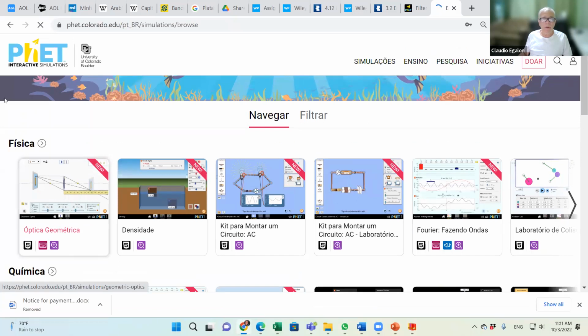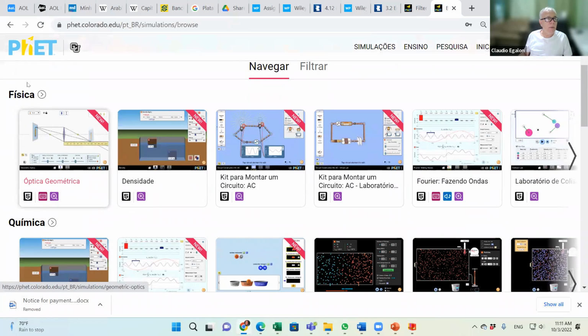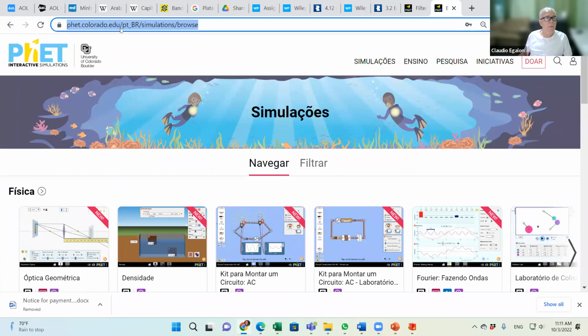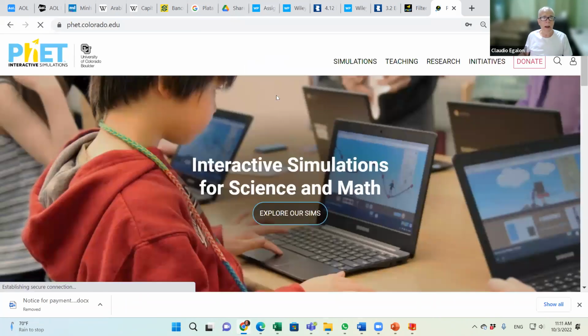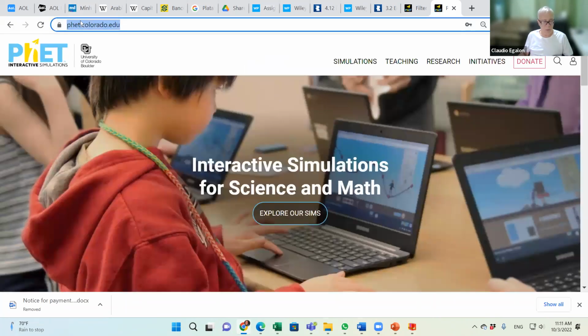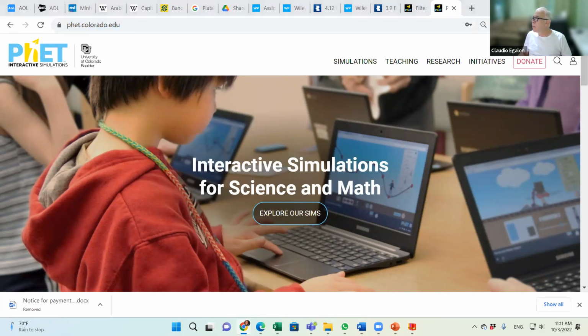Oh, it's in Portuguese. This one shouldn't be in Portuguese. Let me get that in English for you. Okay, so that's the site. Let me send you the link for the site, so you might want to play a little bit with this simulator. Link for simulation in physics.